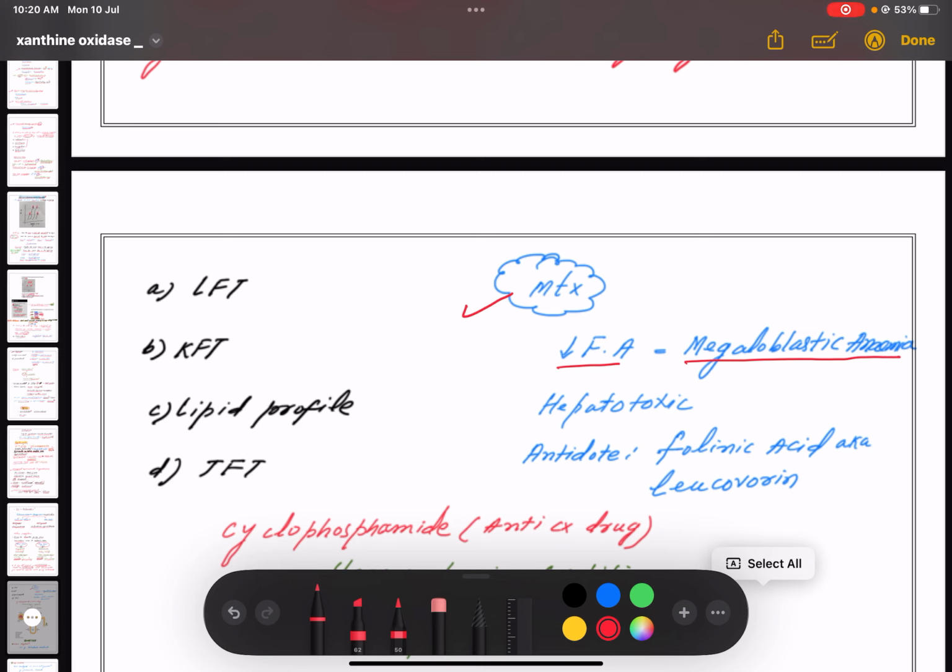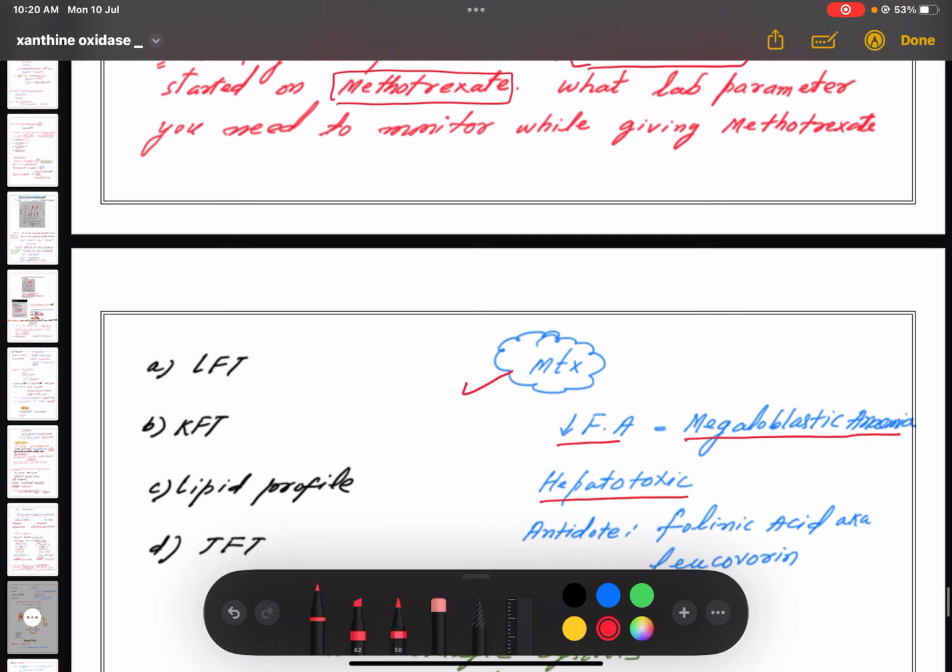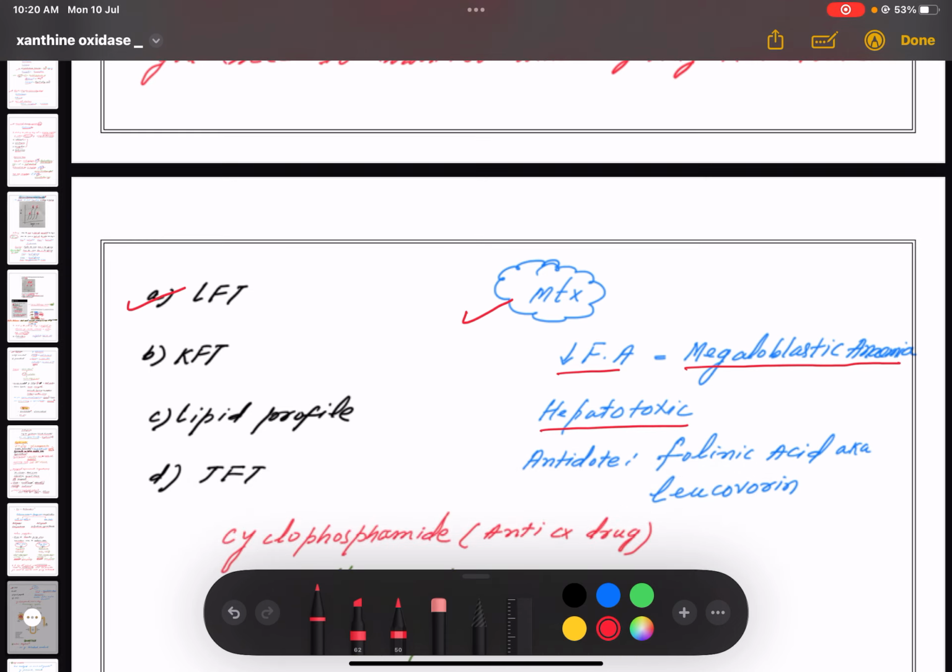Also remember, methotrexate is hepatotoxic. If methotrexate is hepatotoxic, we have to do LFT, liver function test. The answer will be LFT. Antidote for methotrexate toxicity is folinic acid, which is also known as leucovorin.